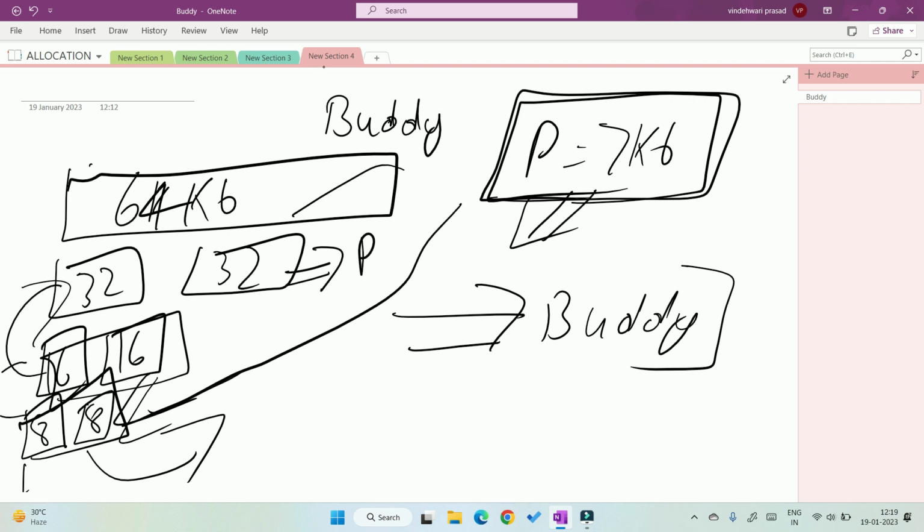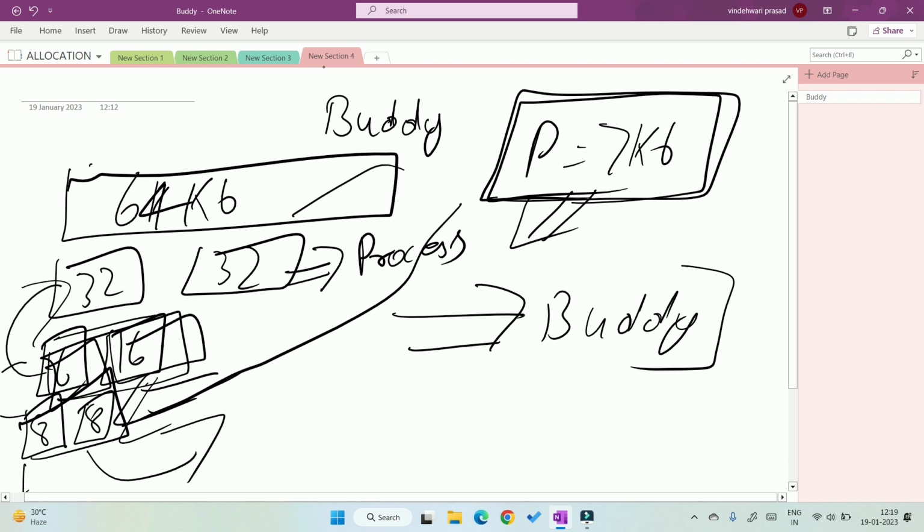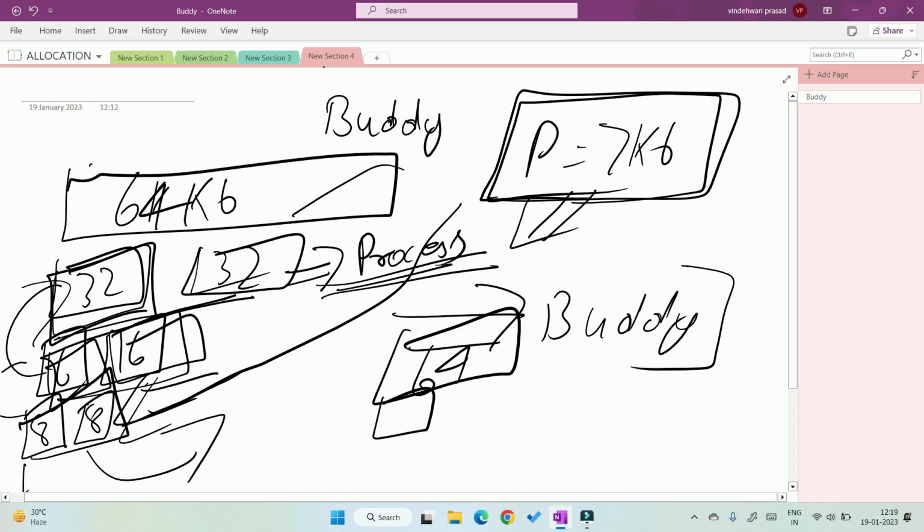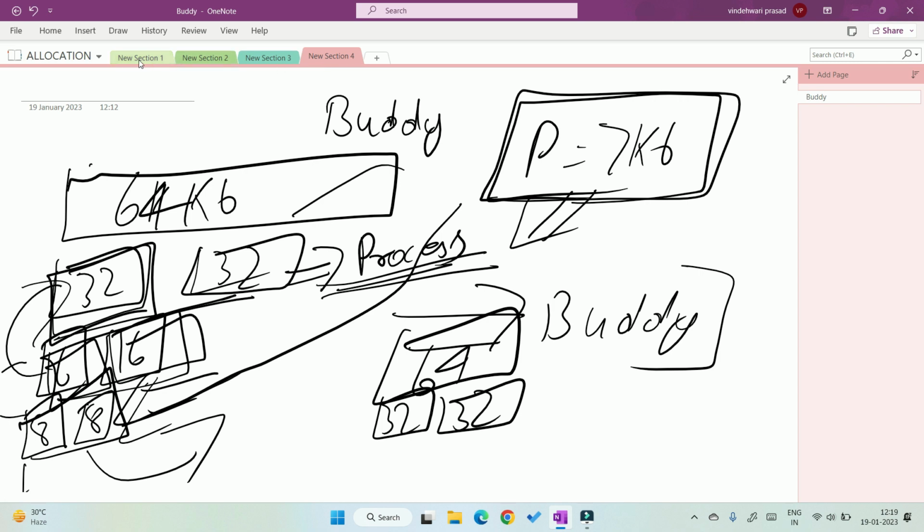Suppose there is a process running at the other 32. Then 8 merges into 16, which merges into 32, but 32 and 32 can't be merged because there is a process at the other 32. So the memory looks like 32 and 32. I hope you understand all the different methods of how memory allocation happens. We will meet in the next video with the upcoming topic.